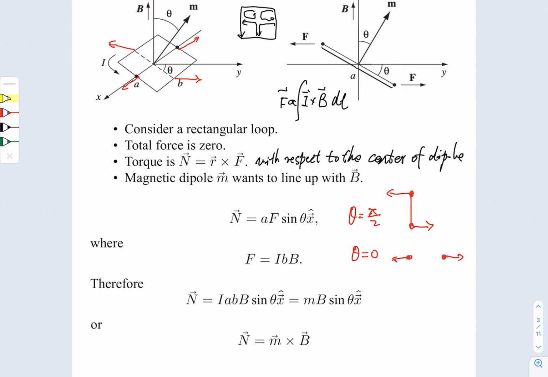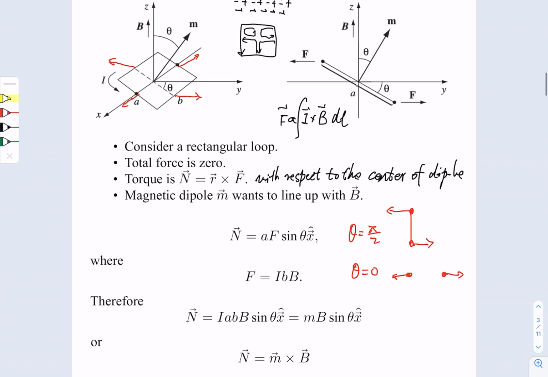Now if we express it in a coordinate free form, the final answer is that the torque is equal to the magnetic dipole moment cross this magnetic field.